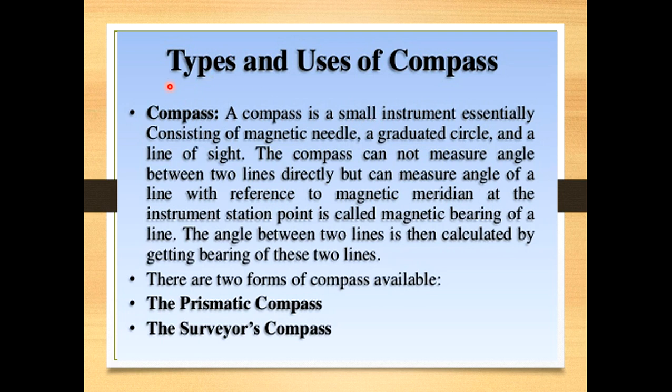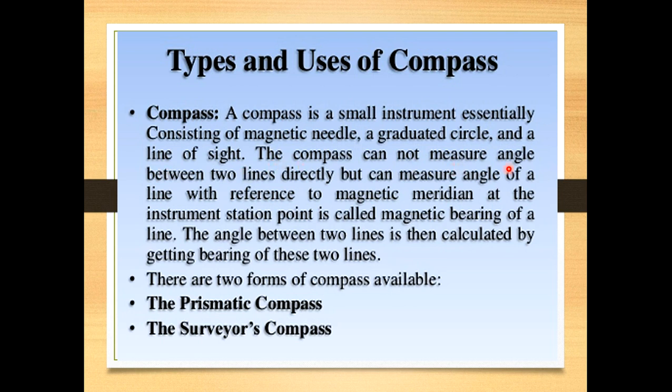The next point, types and uses of compass. A compass is a small instrument essentially consisting of a magnetic needle, a graduated circle, and a line of sight.